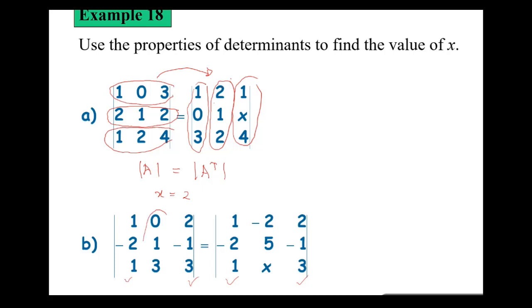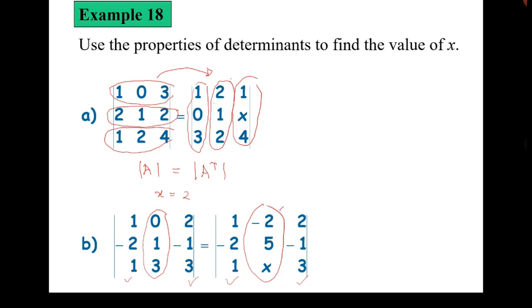The difference is in the elements in the second column. So we must think how to change from 0 to negative 2, from 1 to 5, and from 3 to x.